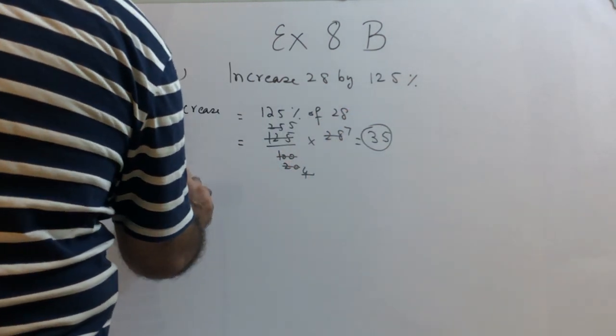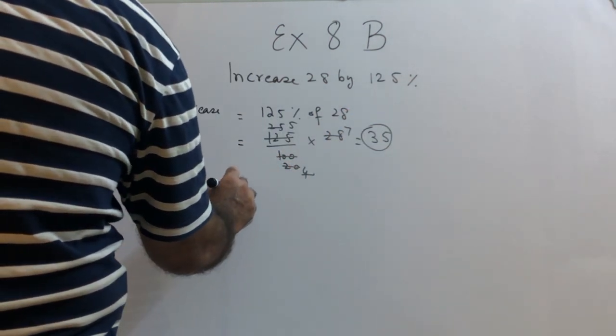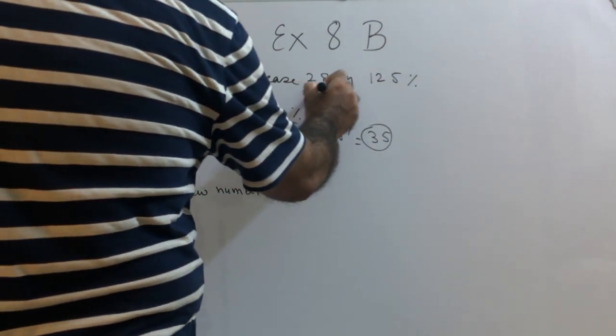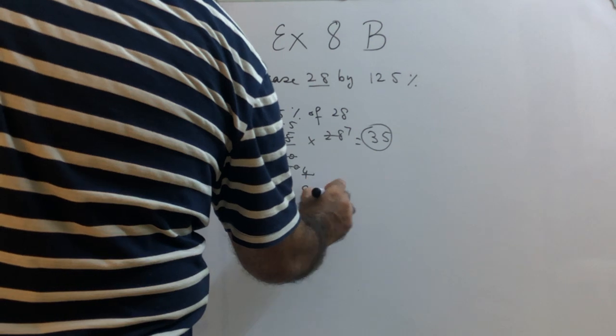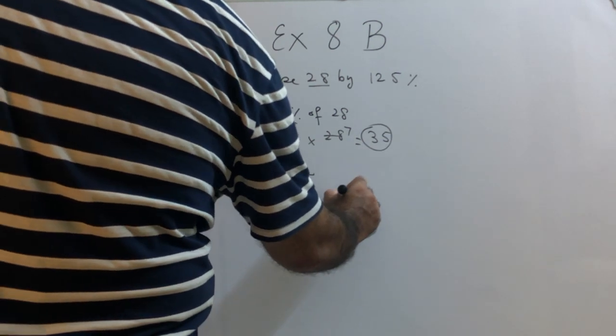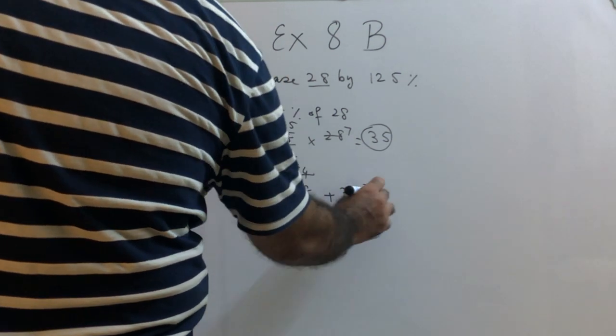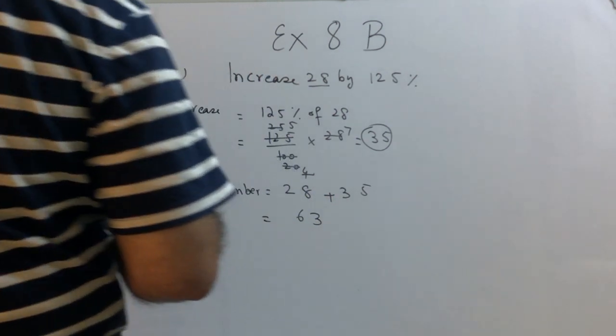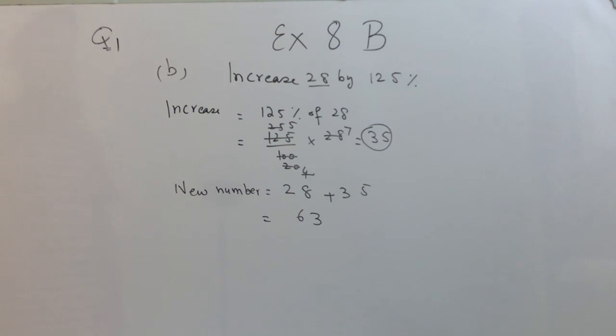So the new number will be, after increase, old number was 28, increase is 35. The new number becomes 63. So when we increase 28 by 125%, we get the answer 63.